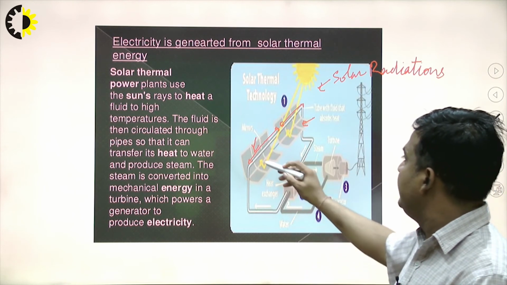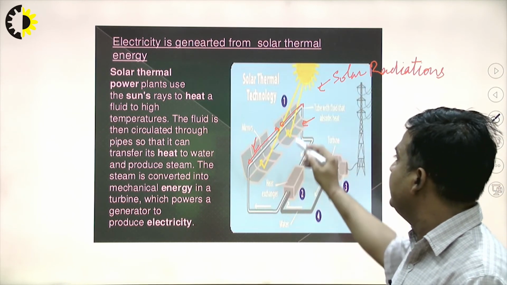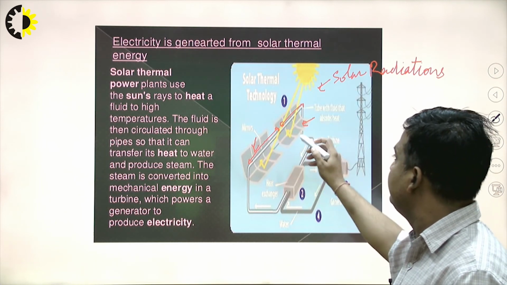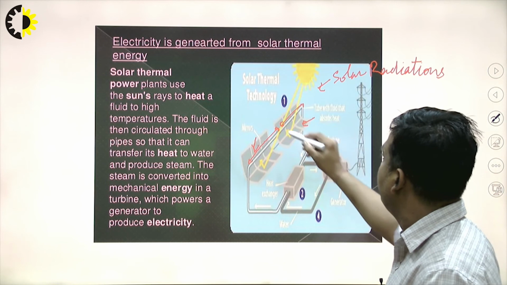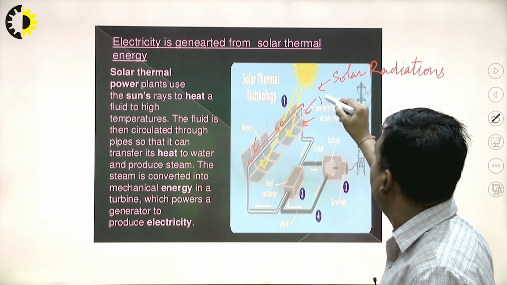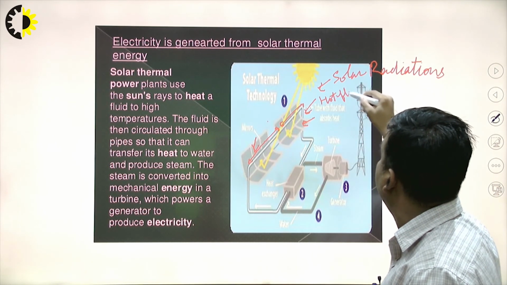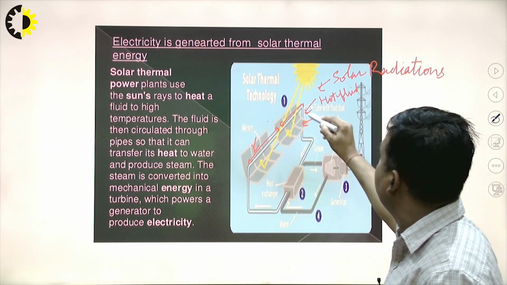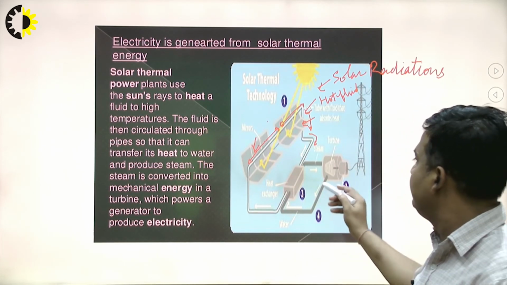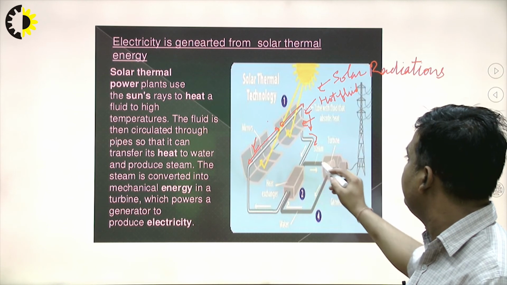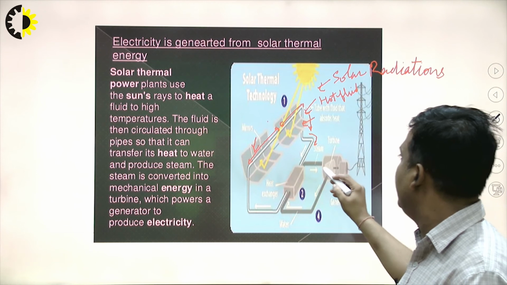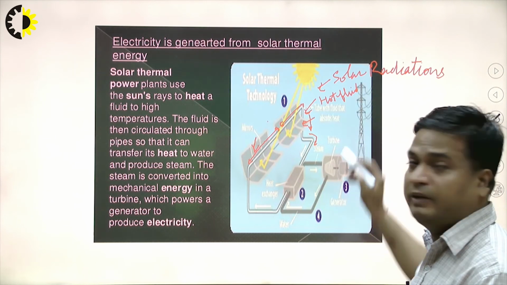Now inside this, a fluid is flowing that absorbs the energy of the solar radiation and transfers this hot fluid in this direction, and transfers the energy to water, which is then converted into steam, and that steam is used to run the turbine.